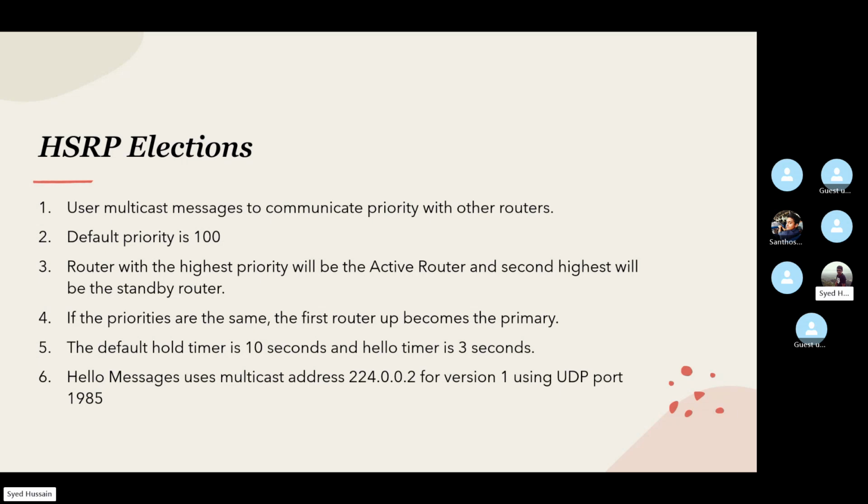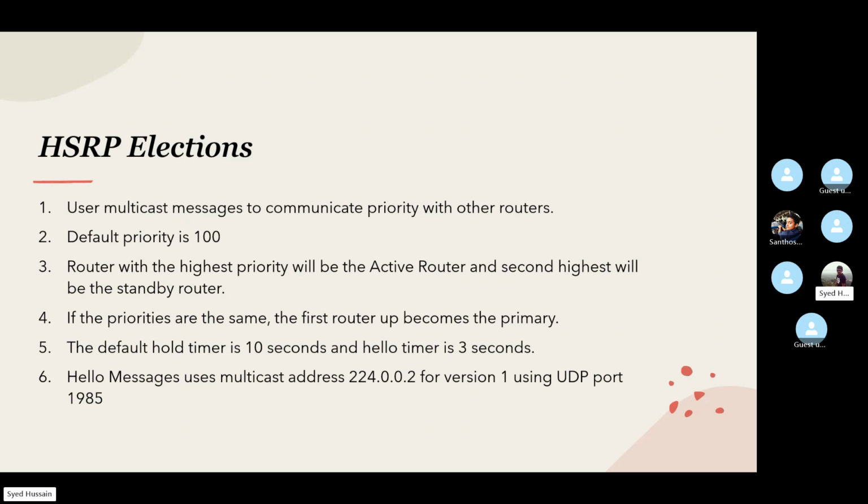Routers use multicast messages to communicate priority with other routers. The default priority is 100 for HSRP and VRRP. The router with the highest priority will be the active router and the second highest will be the standby router. The router which has the higher priority is active.